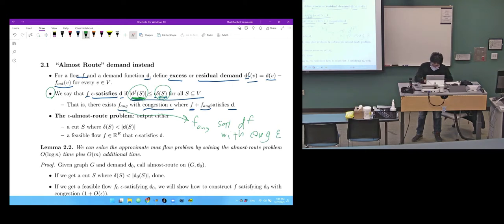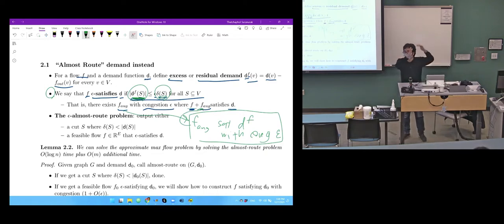But because this satisfies the residual demand exactly, if you just add this f arc into f, then it actually satisfies the original demand exactly. So if F0 satisfies D, that just means that it satisfies the demand exactly.